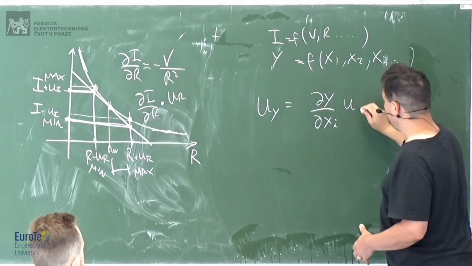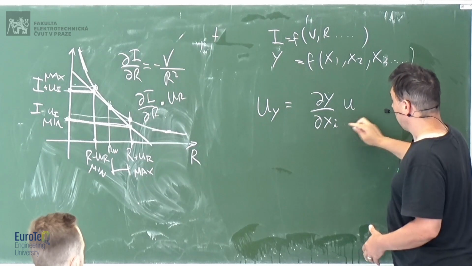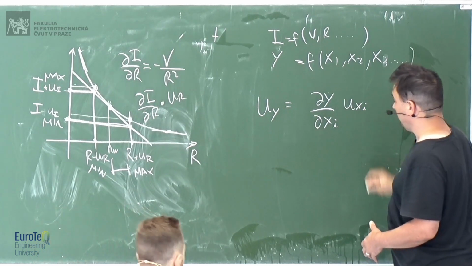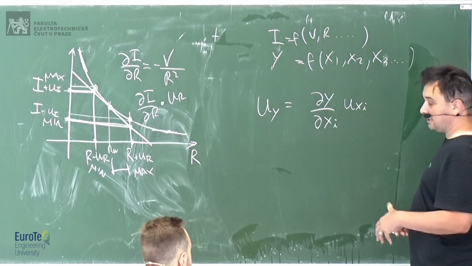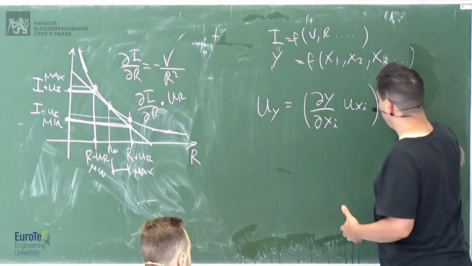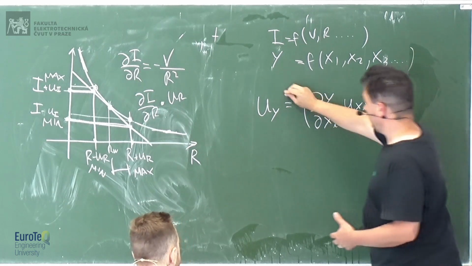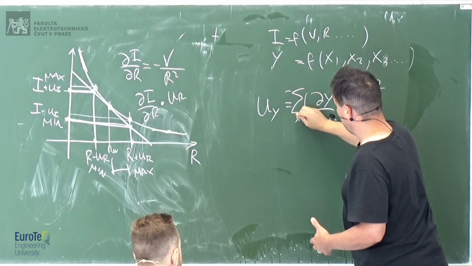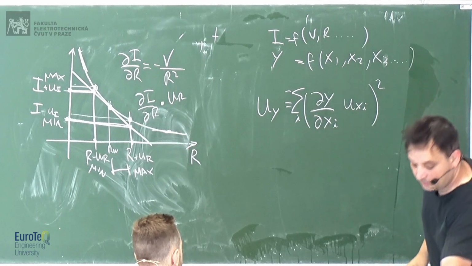Then you have to multiply times the uncertainty of that variable. Then you cannot sum them up all together. You have to sum them quadratically, okay?